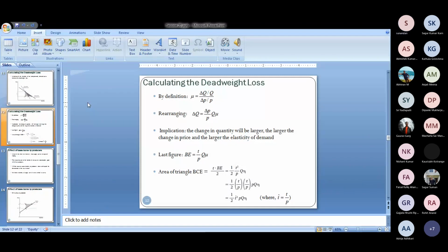So what is the relation? One, as we have already discussed, if the value of mu in absolute terms increases, the elasticity increases, then the area of the triangle will go up, obviously in the same proportion, which means the deadweight loss will increase. But if the tax rate goes up by T, the area of the triangle, or the deadweight loss, will go up by the relation of T square, right?